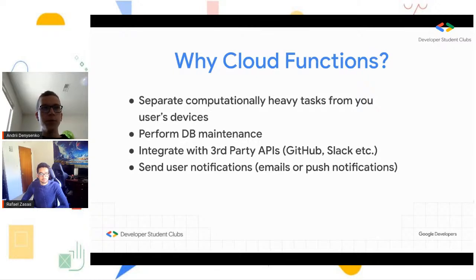The first one, and probably the most popular one, or the most reasonable one, is separating your computationally heavy tasks from your client code. So if you have, I don't know, some machine learning things happening on your backend, you don't want to be performing that on the client because that's going to drain your users' batteries. It's going to perform a bunch of requests. We don't want that.